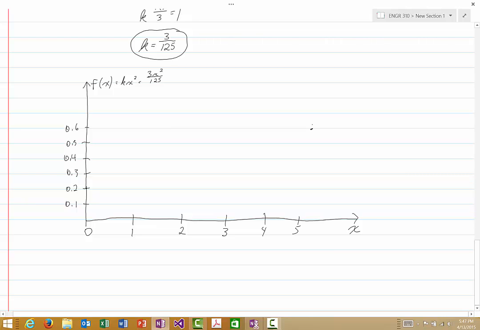And so at 5 we have 0.6, and we can fill in the others. Of course, this graph won't be exact, but it'll give you a rough idea.